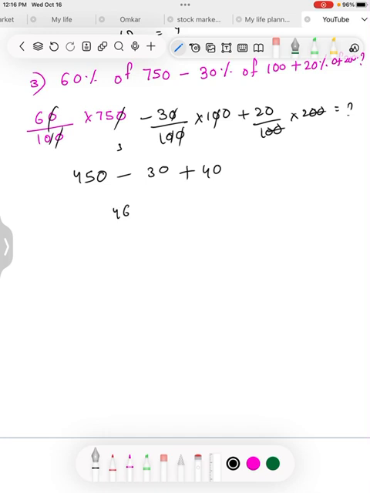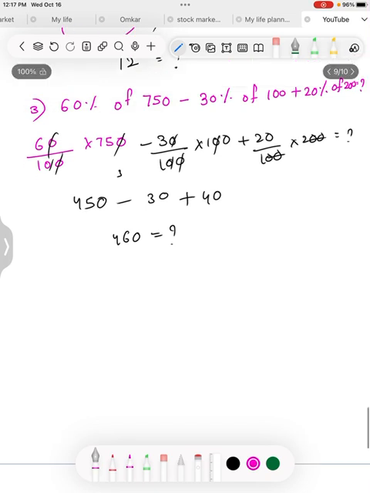So in this way we will get the answer as 460. That's it. This is the answer. In this way simply you can solve this problem. Now let us go to another problem.